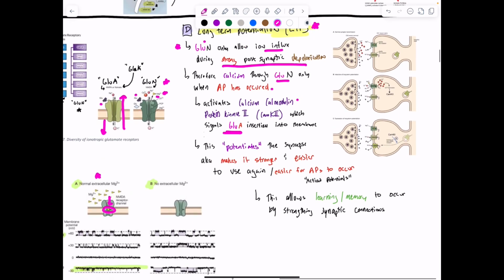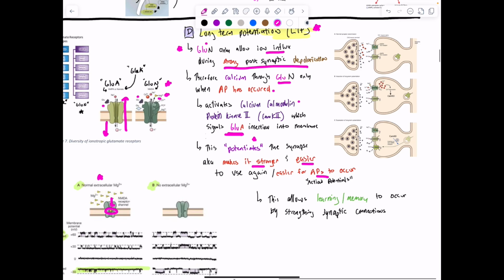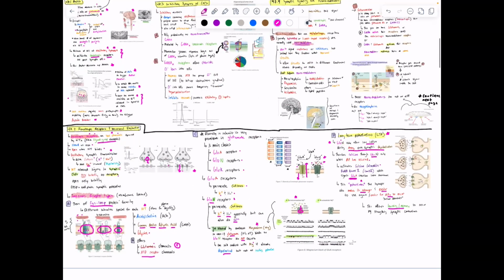And so this potentiates the synapse, making it stronger and easier to use again, and easier for action potentials to occur, because now you have GLU-A inserted into the membrane, which isn't going to be blocked by magnesium, and it basically allows learning and memory to occur by strengthening synaptic connections.